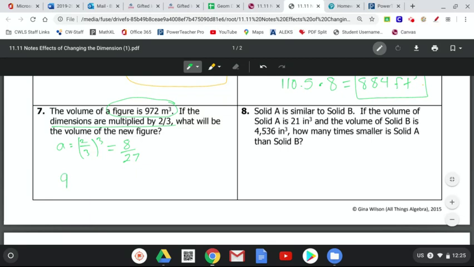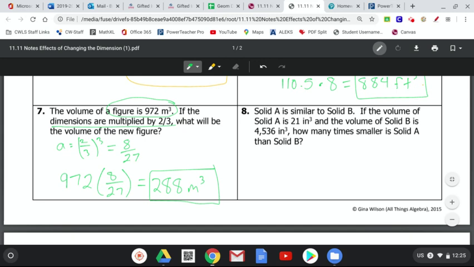So we do 972 times 8 over 27. Make sure you put the 8 over 27 in parentheses in your calculator. And that is going to equal 288 meters cubed. Is the answer less than 972? Yes, it is. So that's the change in the volume.